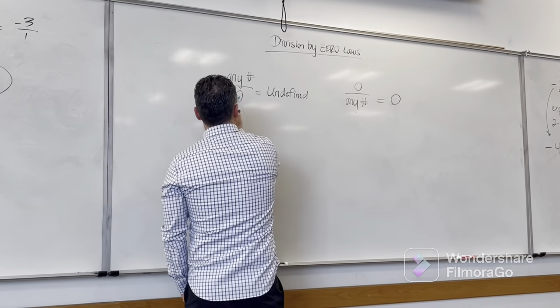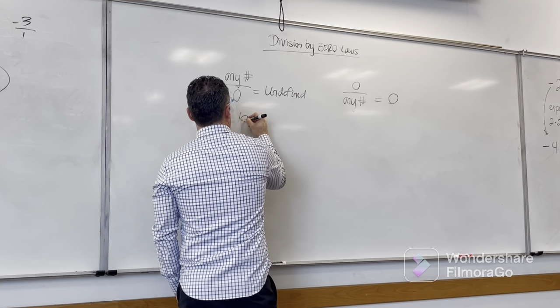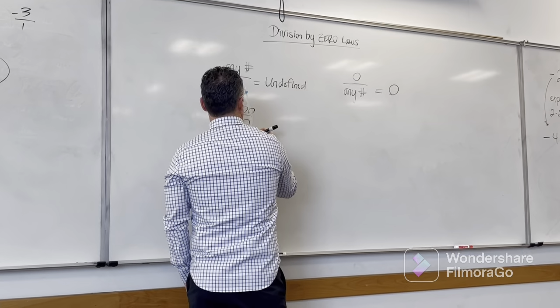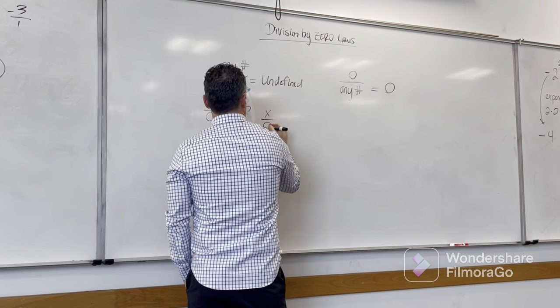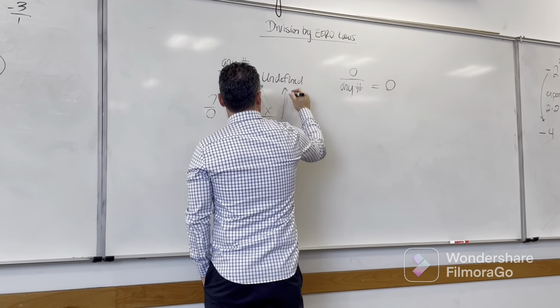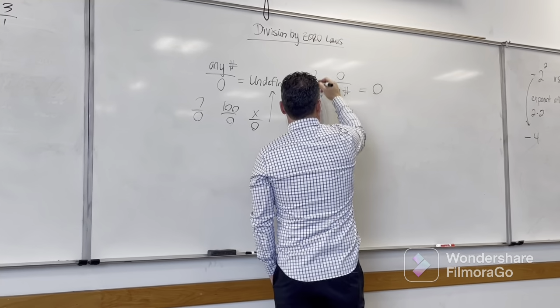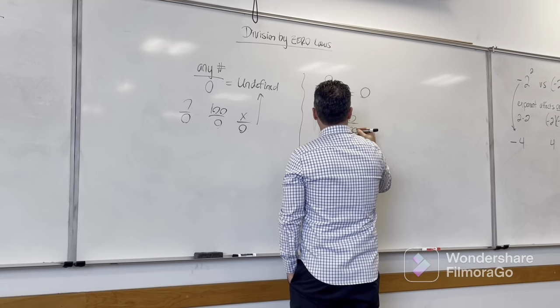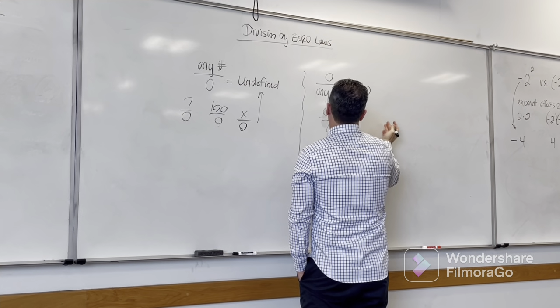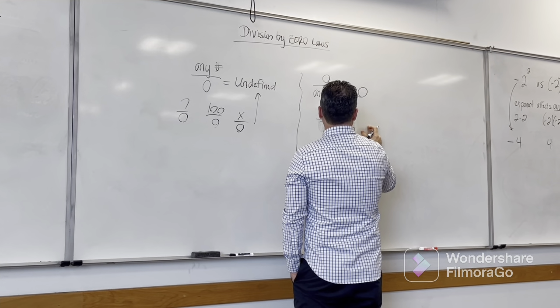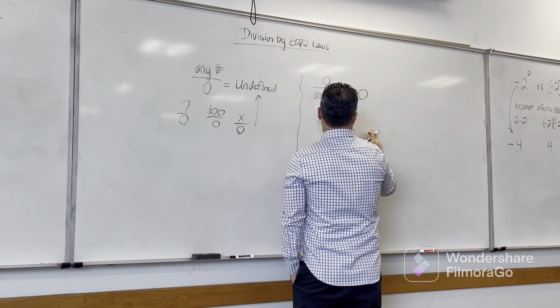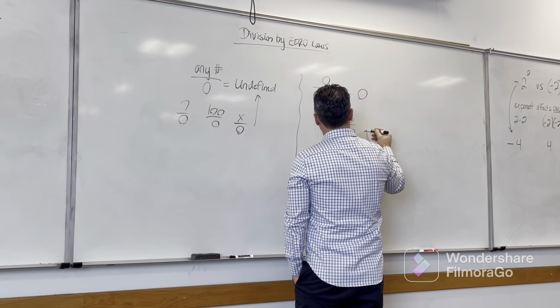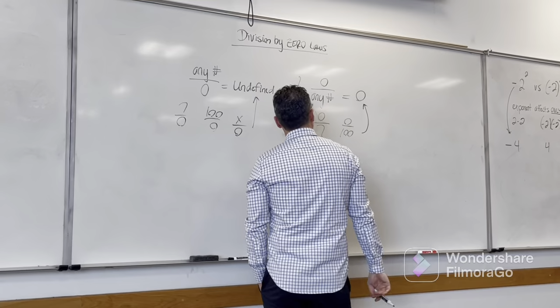So if I have 7 over 0, 100 over 0, x over 0, all of those equal undefined. If I have 0 over 7, 0 over 100, and we're not going to write 0 over x because x could be 0, but bottom line is, the answer is 0.